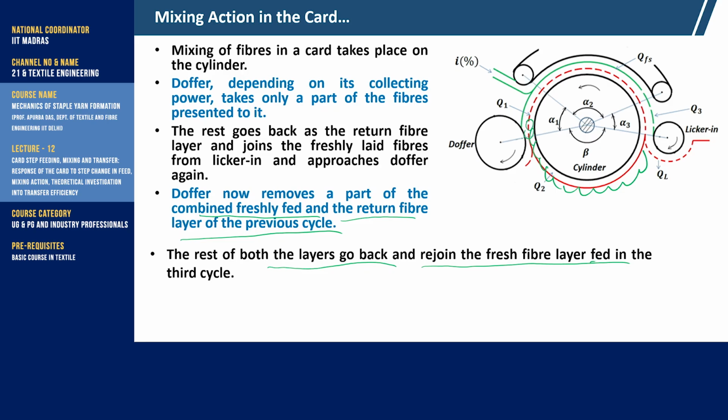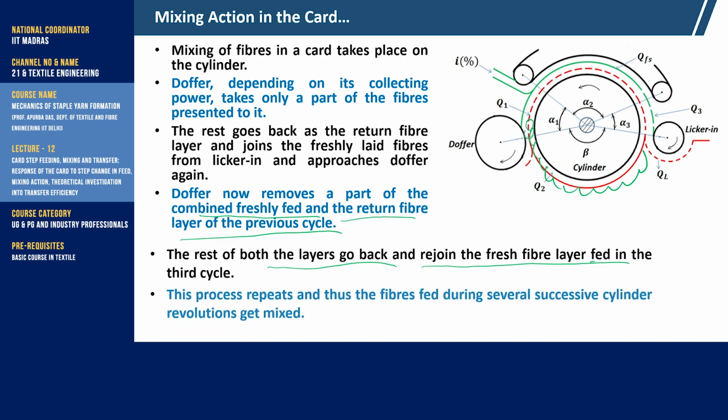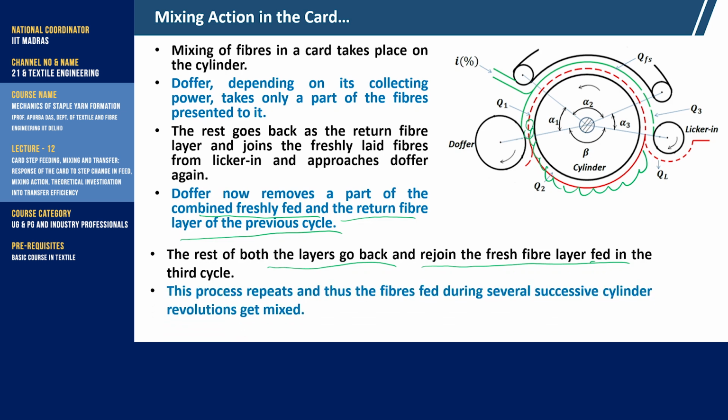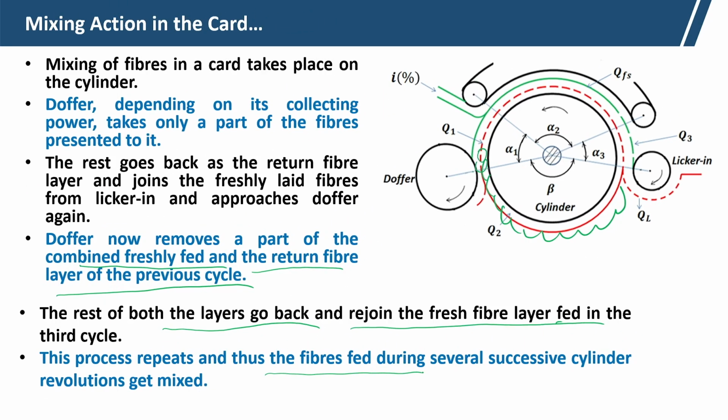So, in this way there will be n number of cycles, and it keeps on mixing. This process repeats, thus the fibers fed during several successive cylinder revolutions get mixed up.